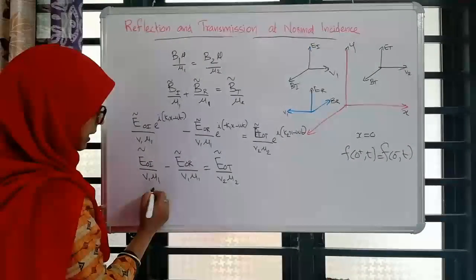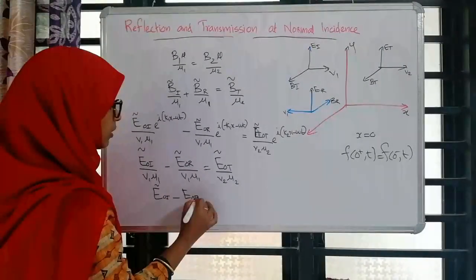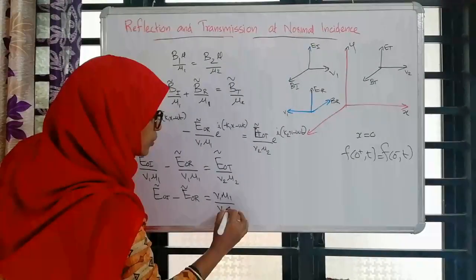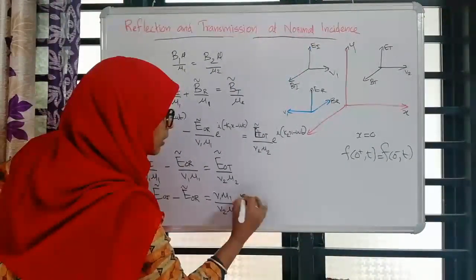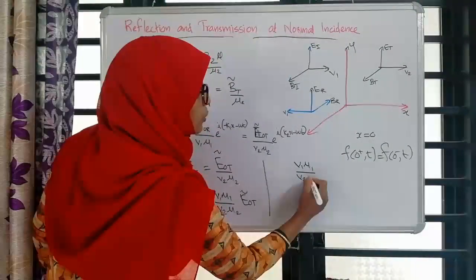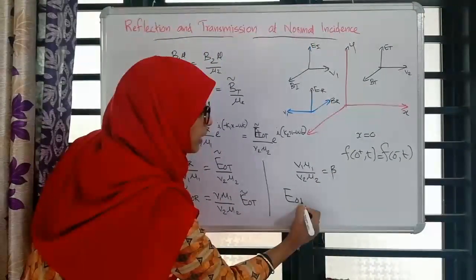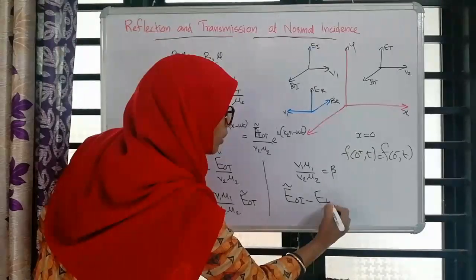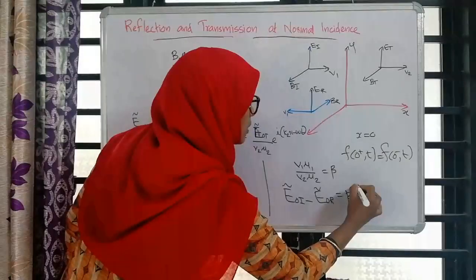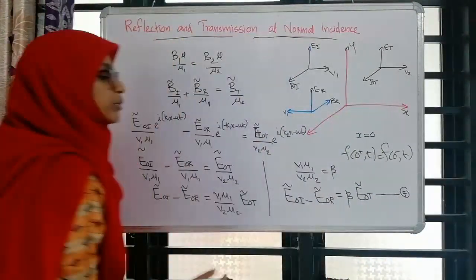The remaining terms rearrange as E_0I minus E_0R is equal to V1 mu1 by V2 mu2 times E_0t, and I am going to substitute V1 mu1 by V2 mu2 equal to beta. So, rewriting this equation as E_0I minus E_0R is equal to beta E_0t.